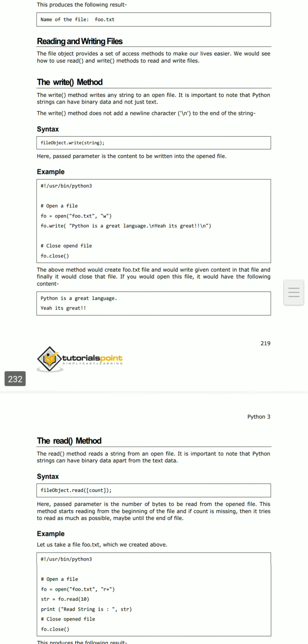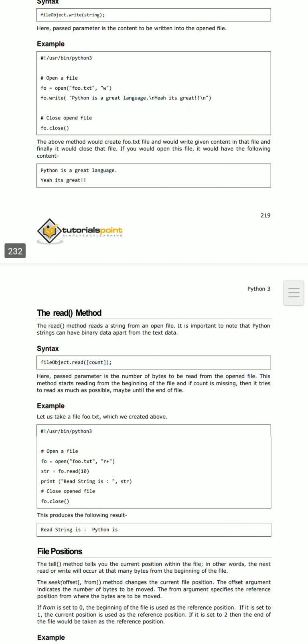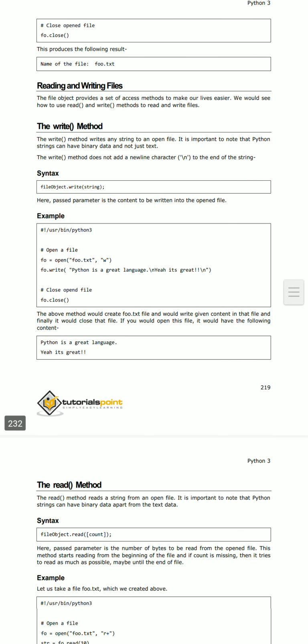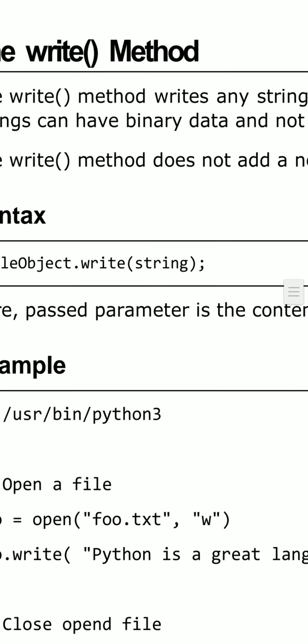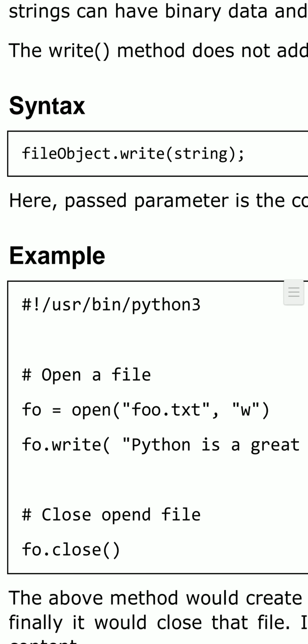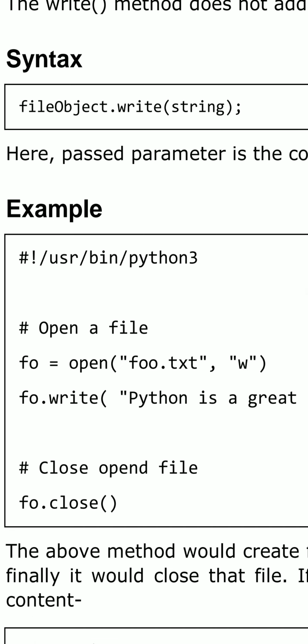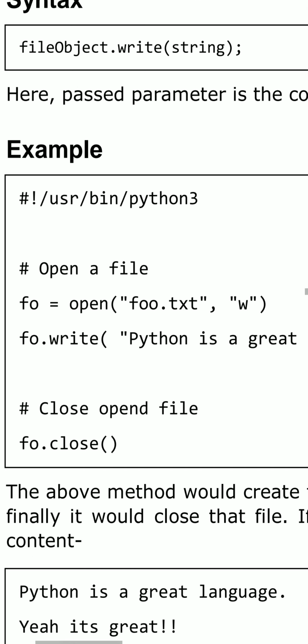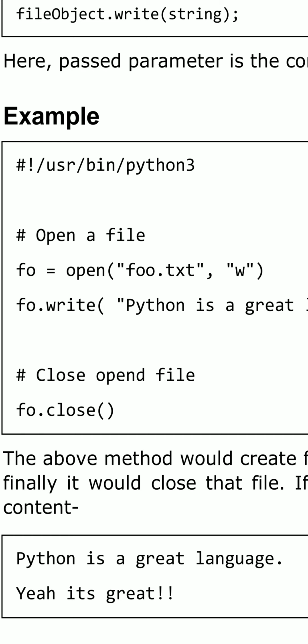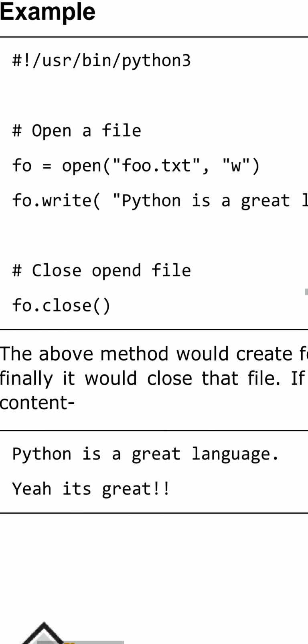So how can you read or write to a file? These are the two different methods. The write method, that means fileobject.write of string. I have to write some data into the already opened existing file. Here I take an example. fo is a variable, and in the open method I have passed two arguments. First one is the file name, second one is the write mode.